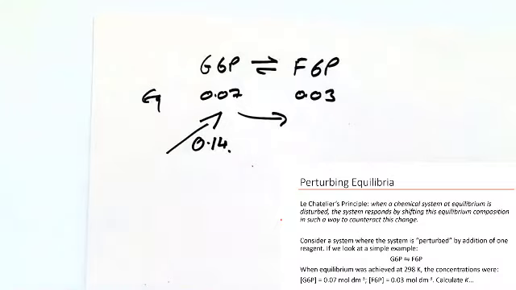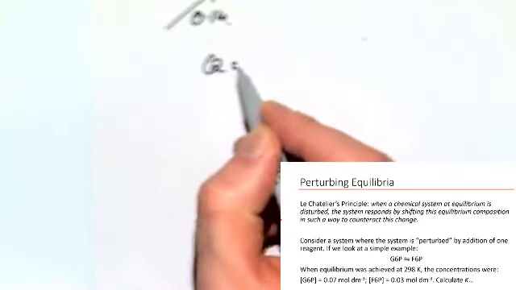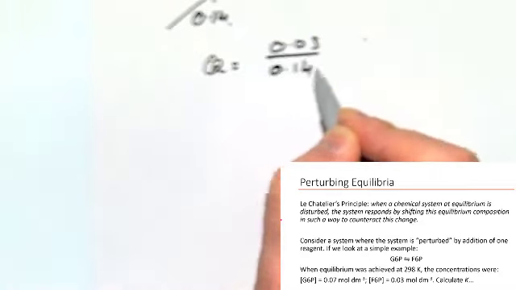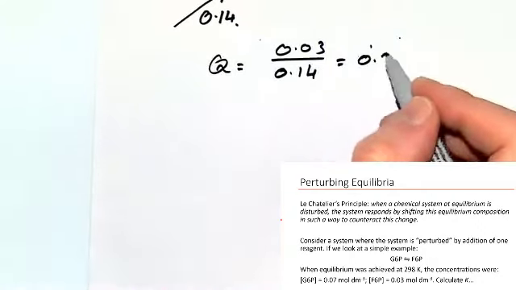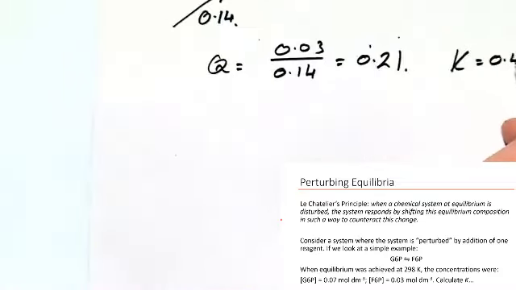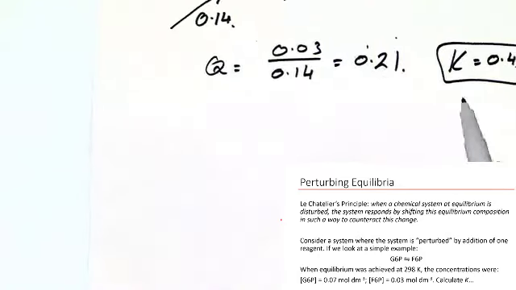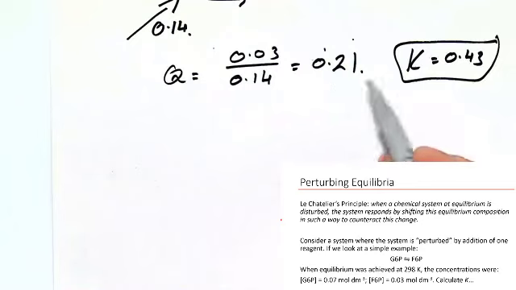ratio between the two. Then we do the sums, well, we get Q is equal to the concentration of 0.03 divided by 0.14, which is 0.21, is it? So 0.21 for a K value of 0.43, well, Q will need to increase to achieve equilibrium, so therefore the reaction will be driven in the forward direction.